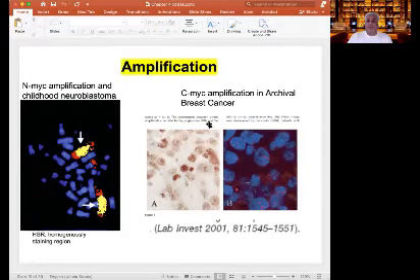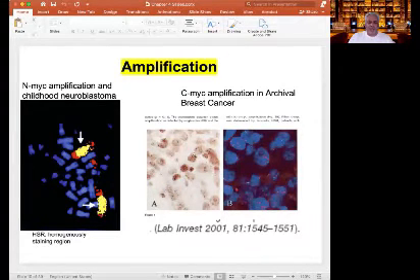Right? How about another type of amplification? Well, we see that the same gene, c-Myc, is a cousin gene. So N-myc and c-Myc are slightly different genes. So c-Myc amplification can also be correlated with poor prognosis in breast cancer, right?